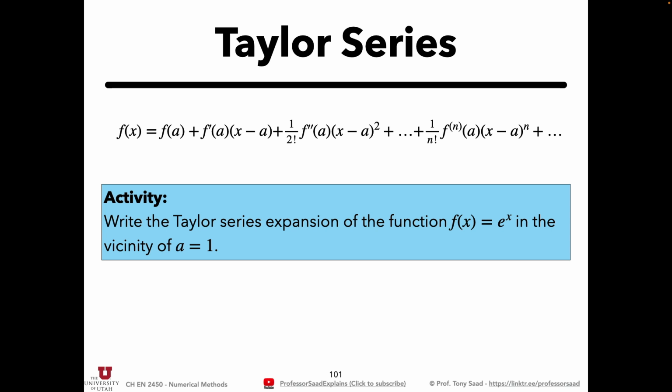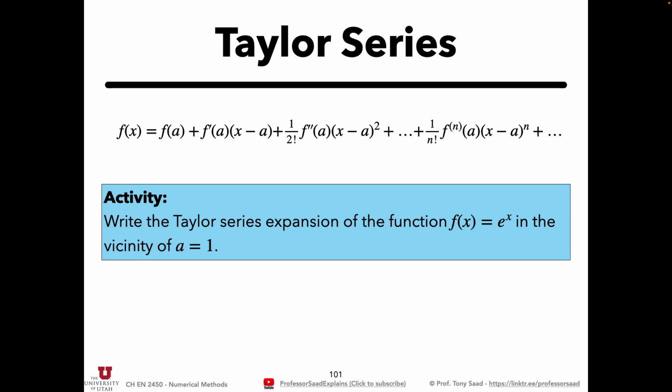Let's see, we got some answers. Start calling people. Okay, so the first term is e to the 1. How did you get that? You plug in a equal 1. Okay, what's the second term? Let's see, someone else.